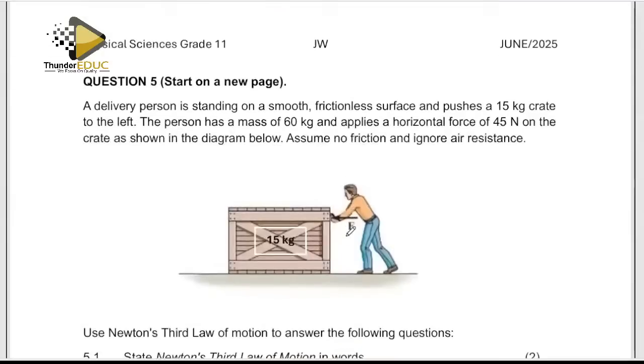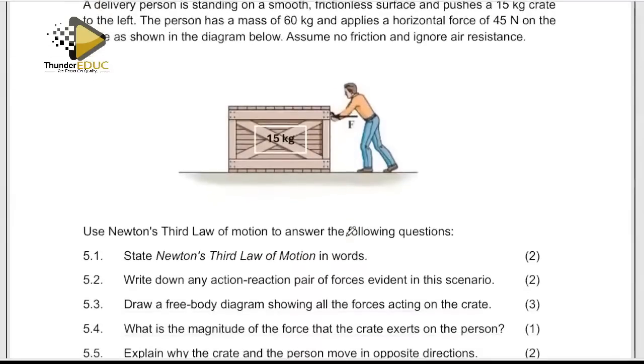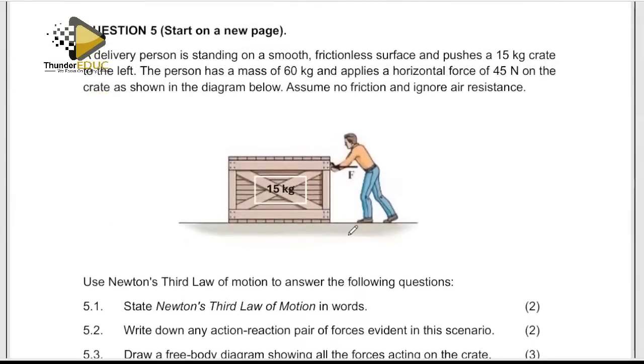Okay, question number 5. A delivery person is standing on a smooth frictionless surface and pushes a 15 kg crate to the left. The person has a mass of 60 and applies a force of 45. Can we state Newton's third law?